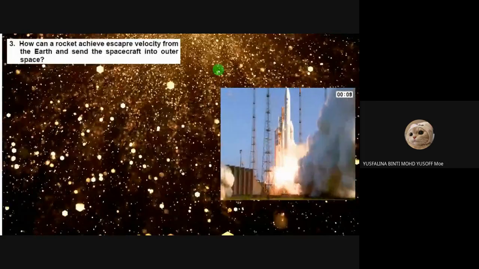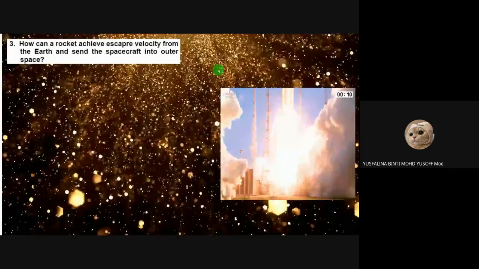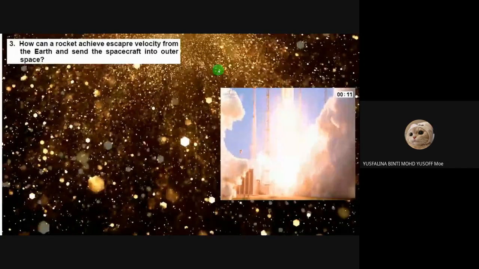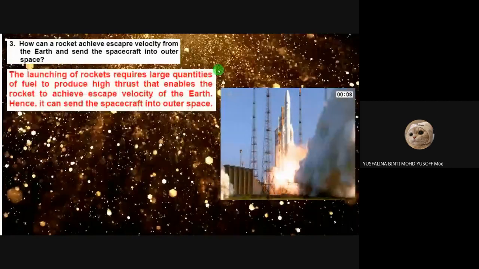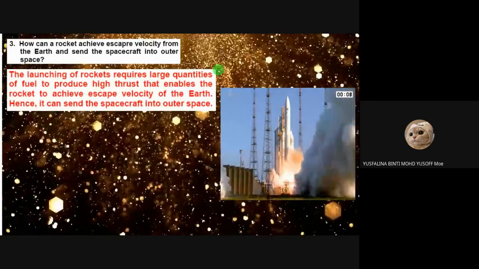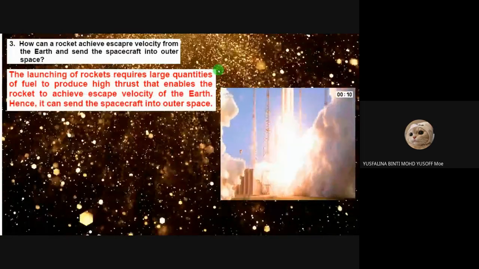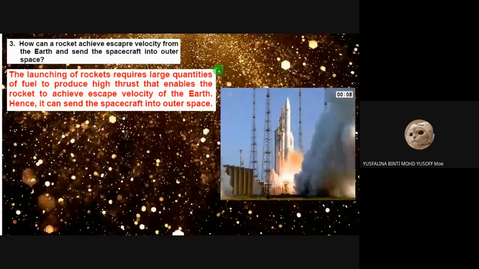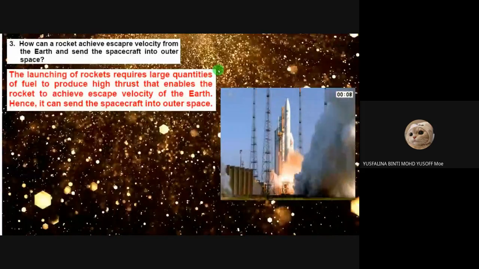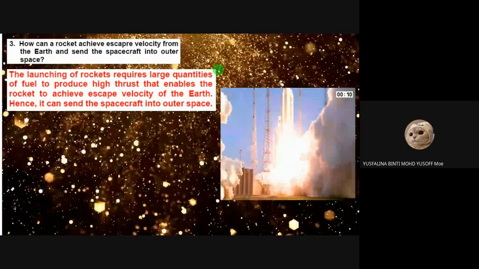So how can a rocket achieve the escape velocity from the Earth and send the spacecraft into outer space? The launching of a rocket requires a large quantity of fuel. When it burns, you can see a lot of hot gas coming out from the bottom of the rocket.